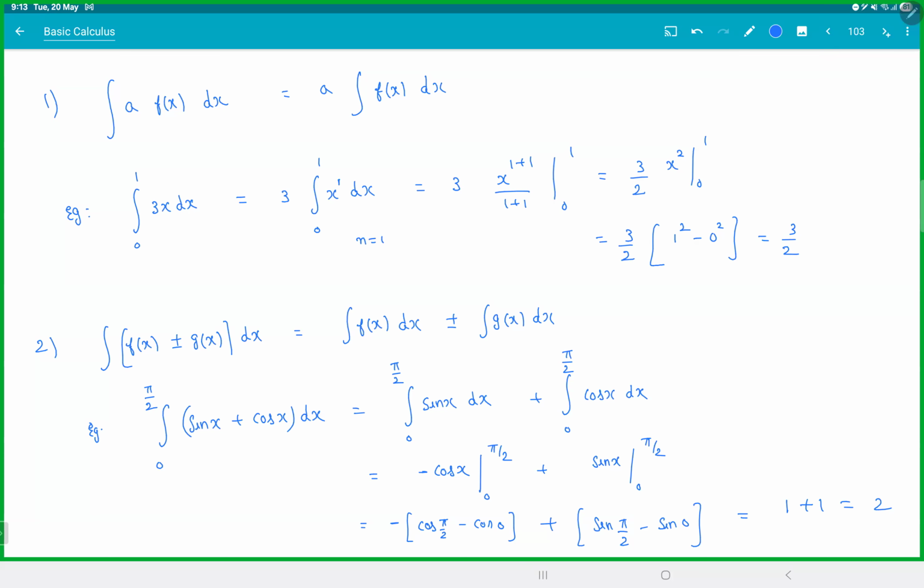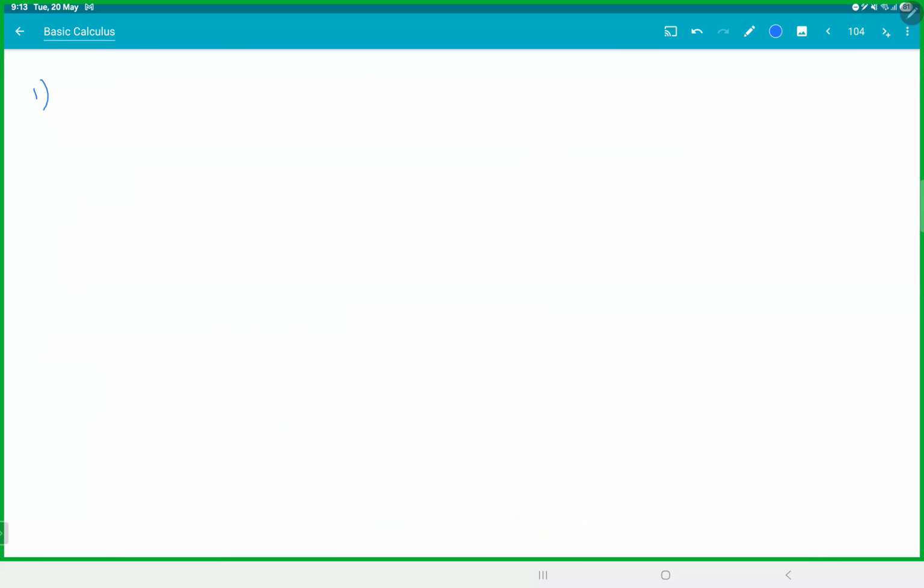Is this clear, everyone? Copied everything? So let me give you some questions. You try this. Let's get used to these formulas and then we will see applications. So integral root x dx from 0 to 1. Get it?